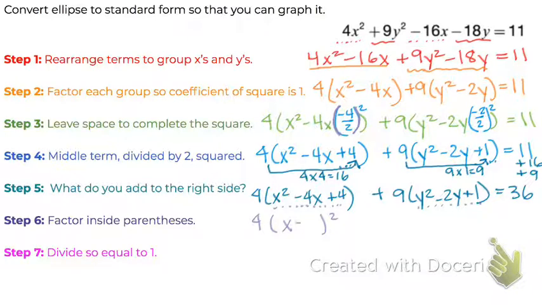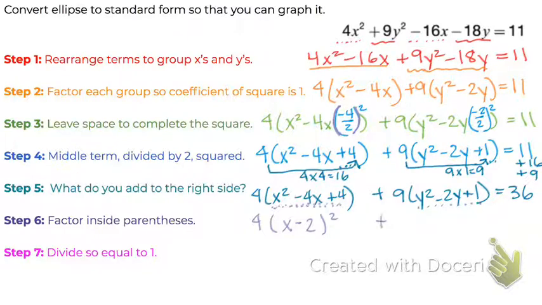That's what is being squared here. If you were to do FOIL, x minus 2 times x minus 2, you would see you have x squared minus 2x minus 2x plus 4, that's the same as x squared minus 4x plus 4. So that's just a little shortcut.